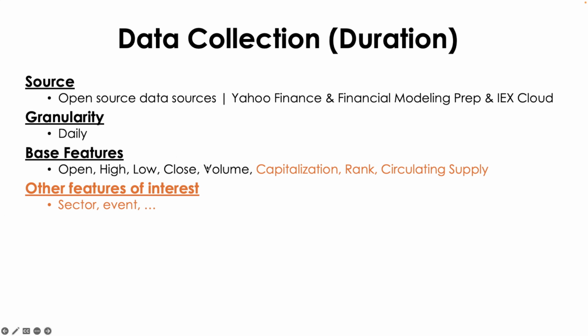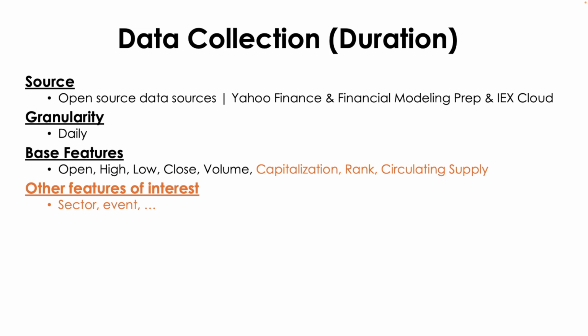These are the base features that we want to have for an asset. You know that there's other information about the asset, like the market capitalization, the rank, the circulating supply of that token, right? We know that there's all of this information. But for now, we're going to focus on open, high, low, close, and volume. These are the base features that we need for every asset, right?